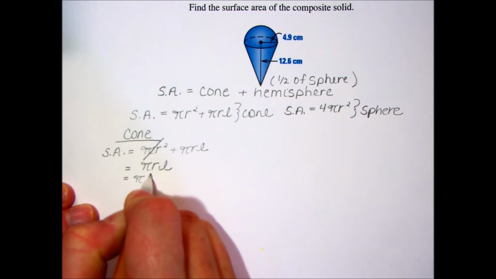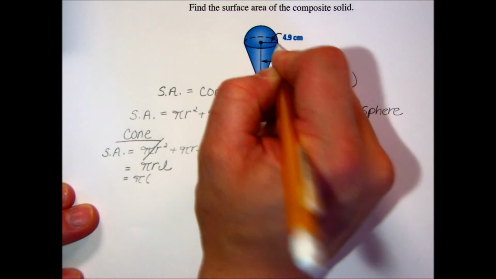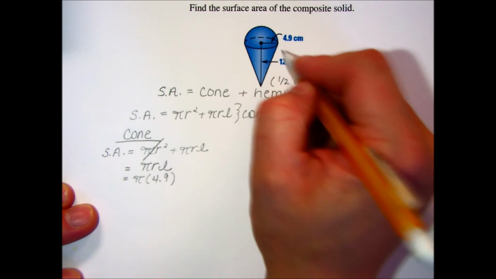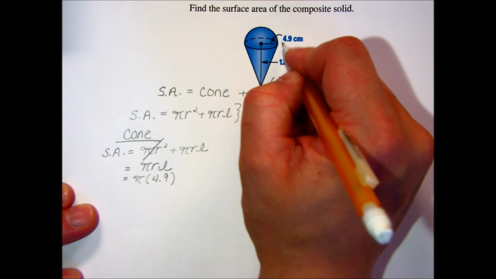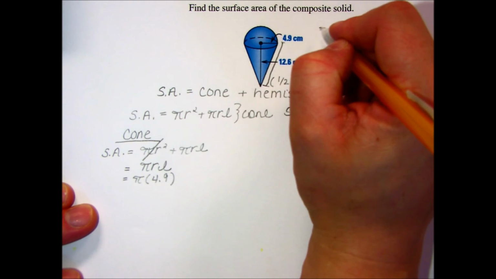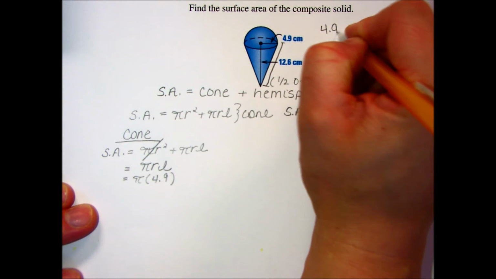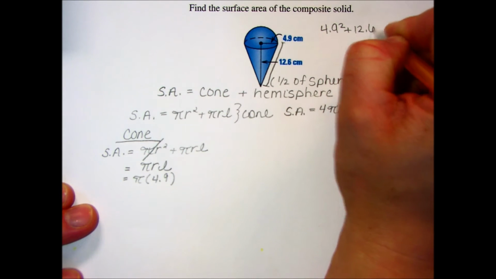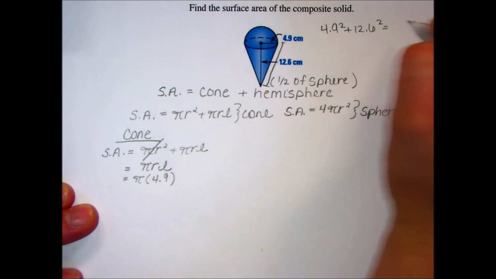So in place of r, we're going to plug in a 4.9 for the radius, and then we need to calculate our slant height, which is located along the side of the cone. And we're going to calculate that using the Pythagorean theorem. So 4.9 squared plus 12.6 squared is equal to L squared.